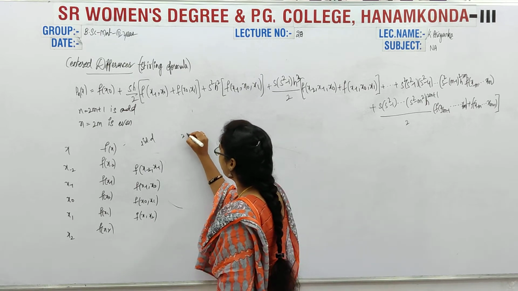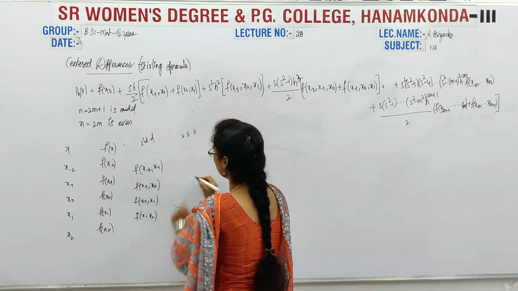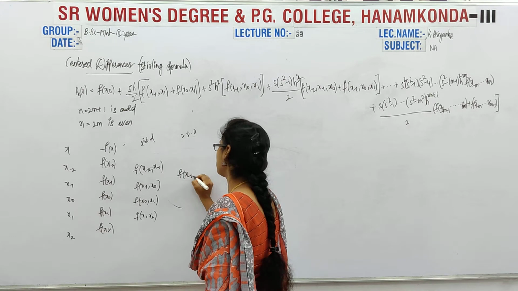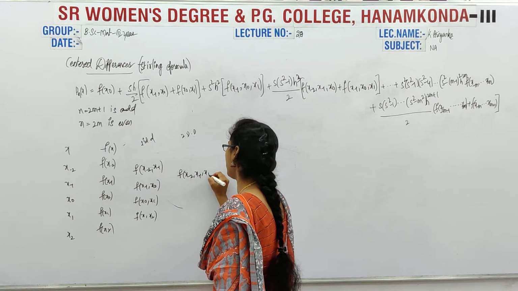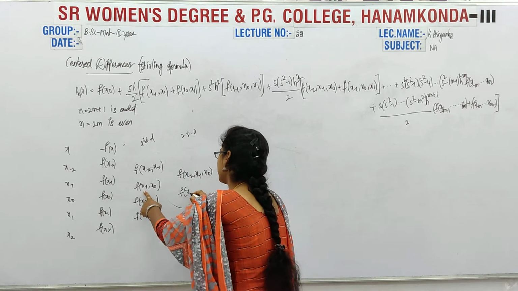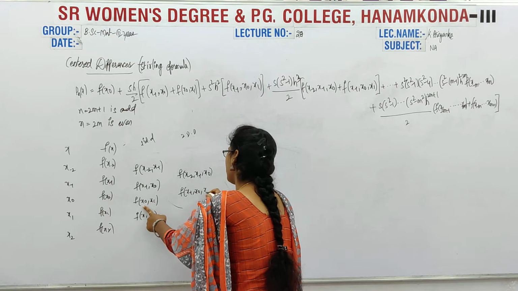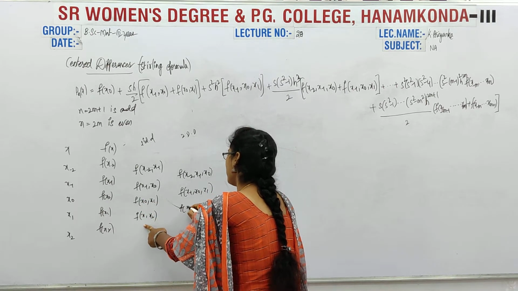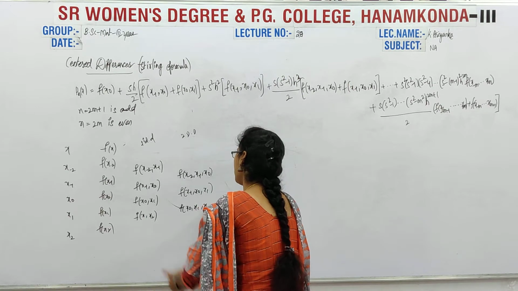Next, second divided differences, between these: f of x minus 2 comma x minus 1 comma x naught, f of x minus 1 x naught comma x1. Next, f of x naught comma x1 comma x2.